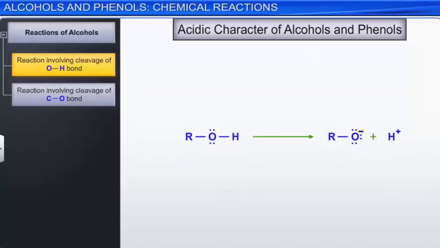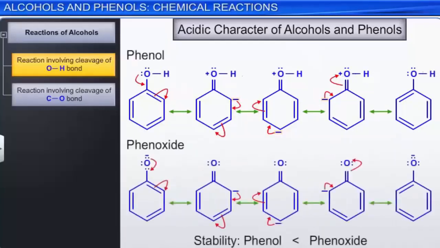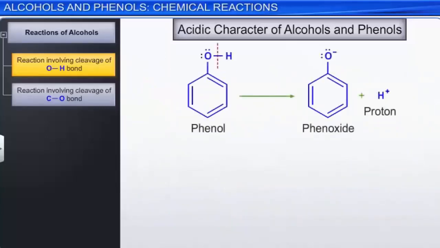The charge delocalization favors the ionization of phenol. Note that, in phenol, the charge separation in the resonating structures makes it less stable than the phenoxide ion. Hence, phenols lose a hydrogen ion more readily than alcohols. In other words, phenol is a stronger acid than alcohols.